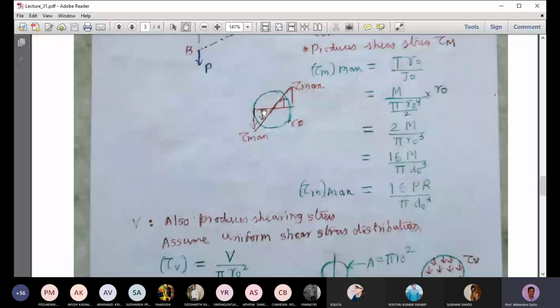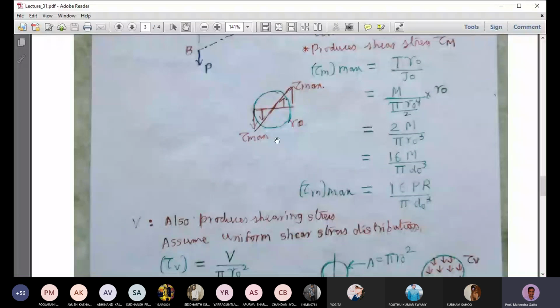If you look at that circular cross section and take the horizontal diameter, the shear stress will be maximum at the ends, varying linearly, and it will go to 0 at the center.